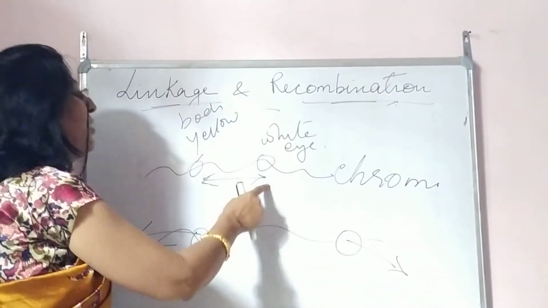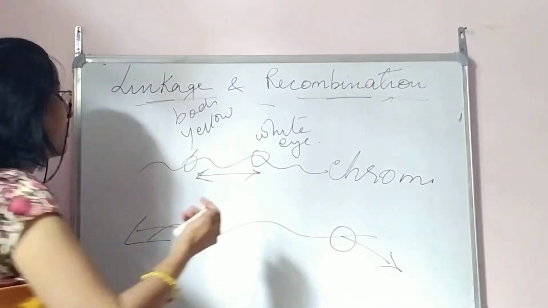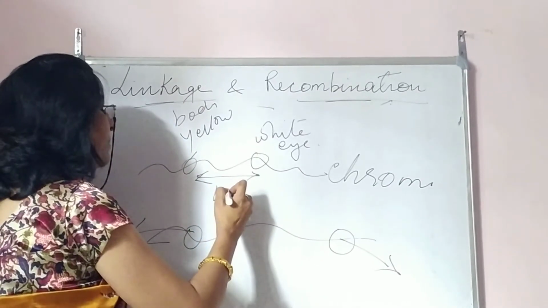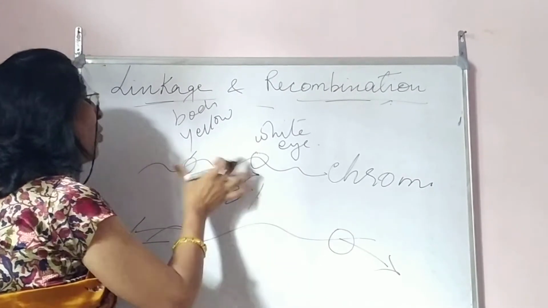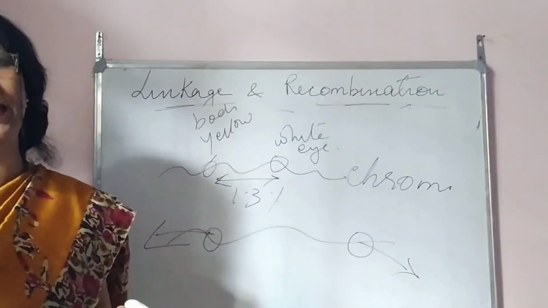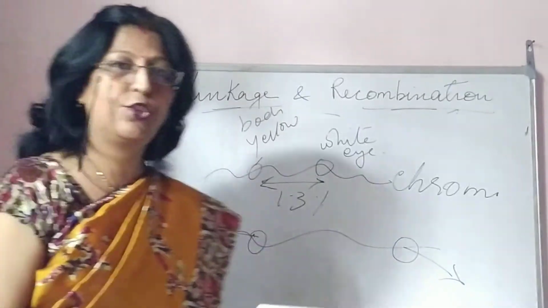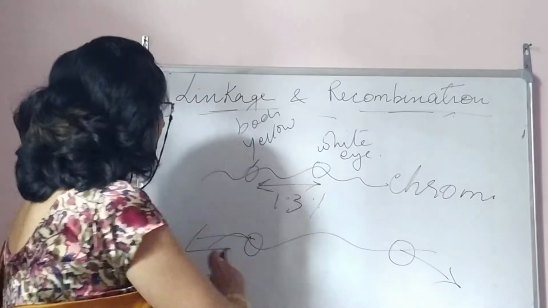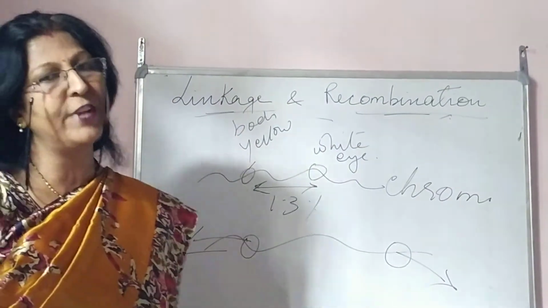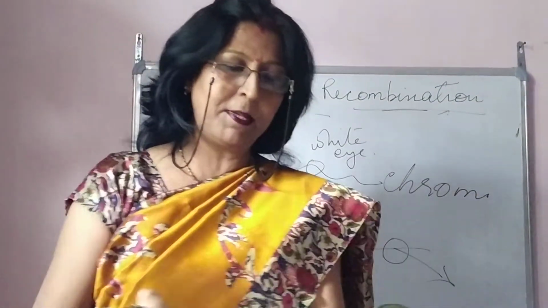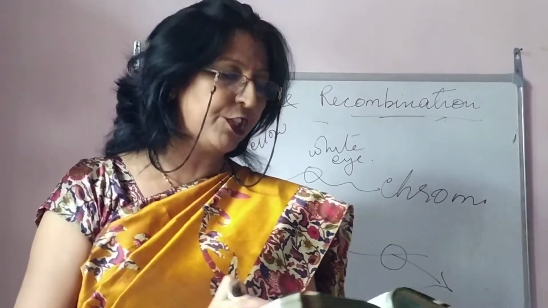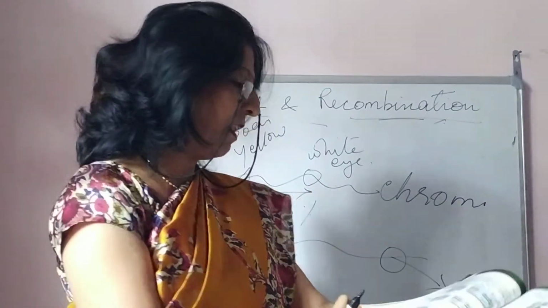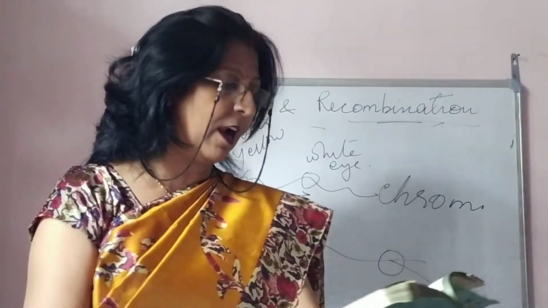So the closer it is, like 1.3%, the less will be the recombination chances, and the further it is, the more chances of getting recombination. The same is the experiment shown over here. The linkage experiment you can understand very well over here.